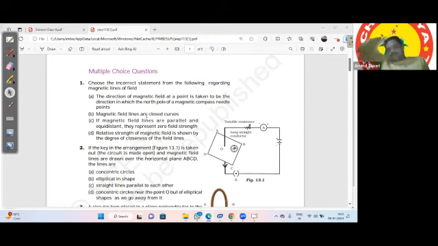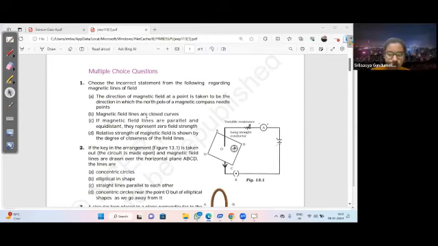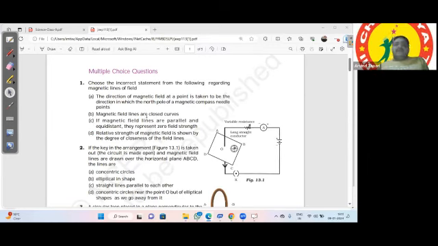So, do they represent zero field strength? No, sir. Then the last one is relative strength of magnetic field is shown by the degree of closeness of the field lines. So, which one should be the correct one?